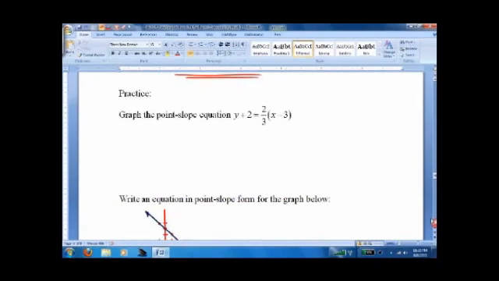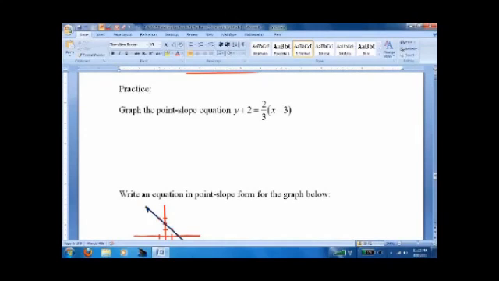So now we'll play with it a little bit. There's two ways to graph this. First way, which I don't necessarily recommend, is to write the point. You get pretty good at understanding that -3 means +3 and +2 means -2.